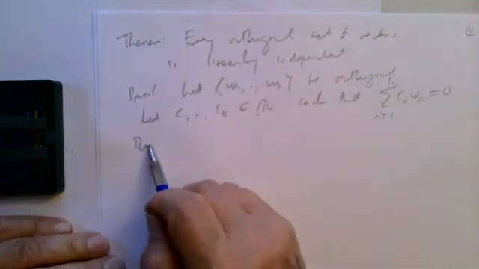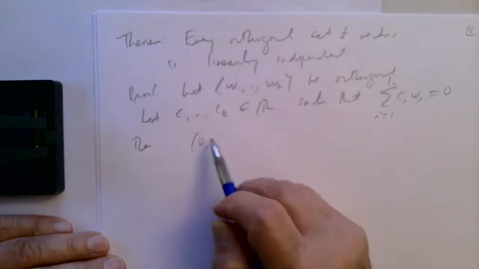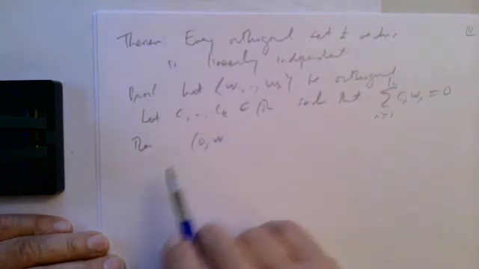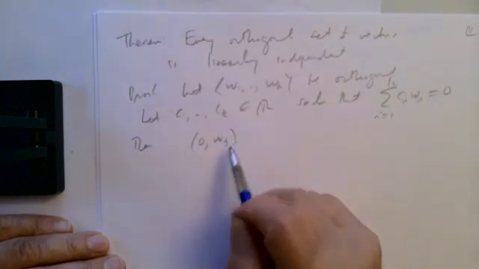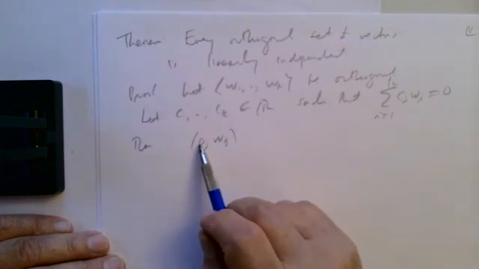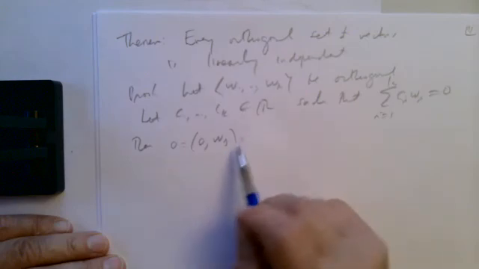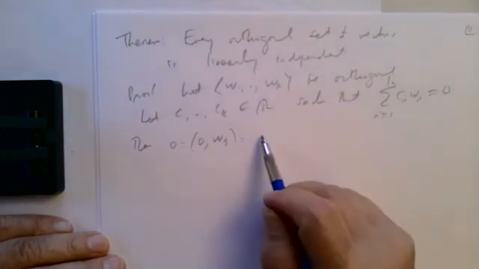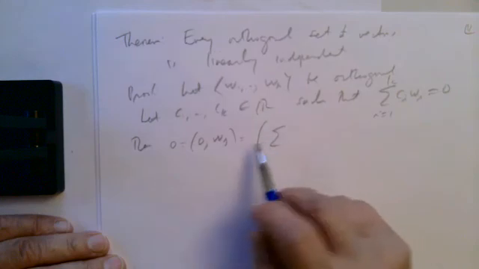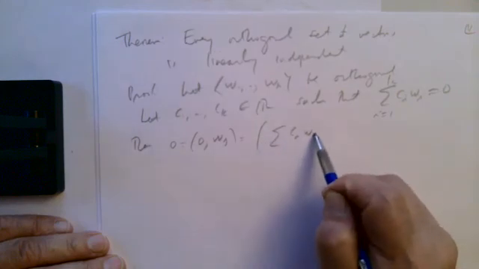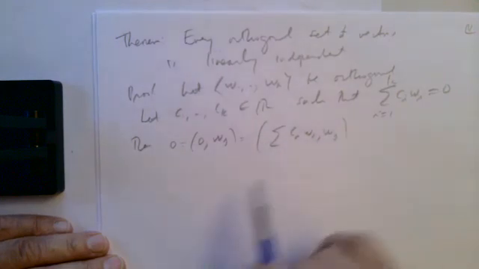Then if I take the inner product of 0 with, let's say, one of these vectors Wj, the inner product of 0 with any vector is the number 0. Of course, 0 is this. 0 is the summation Ci inner product with Wj.